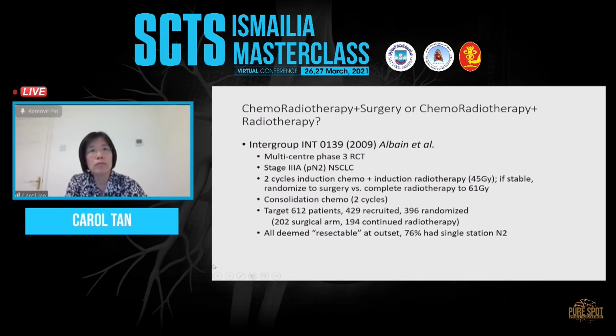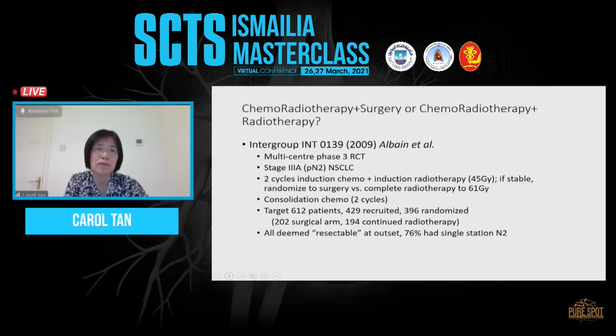What about chemo, radiotherapy, and surgery, so trimodality versus chemoradiotherapy? This is actually a landmark study published in 2009, the Intergroup 0139. It was a multi-center phase 3 randomized controlled study, also looking at the same patient group. And they gave 2 cycles of induction chemotherapy and induction radiotherapy. If the patients remained stable, they were then randomized to have surgery or to complete further radiotherapy up to 61 grays.